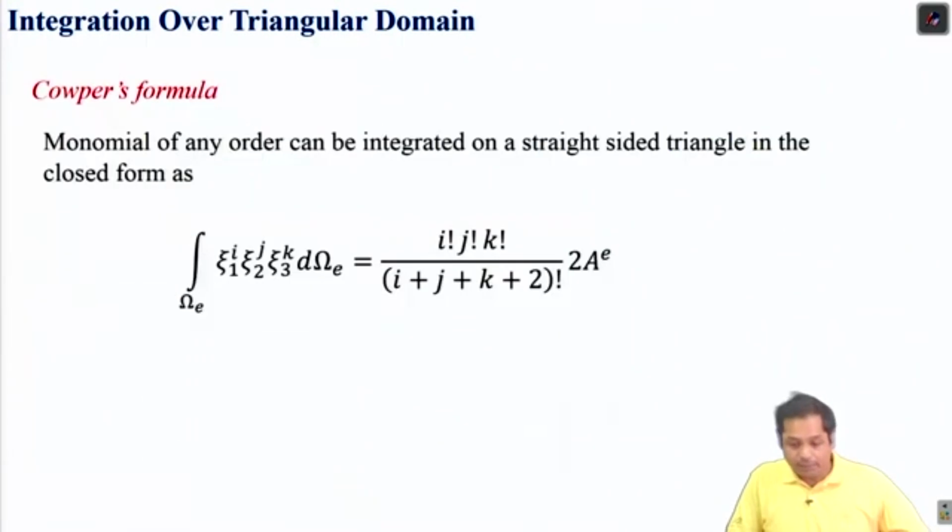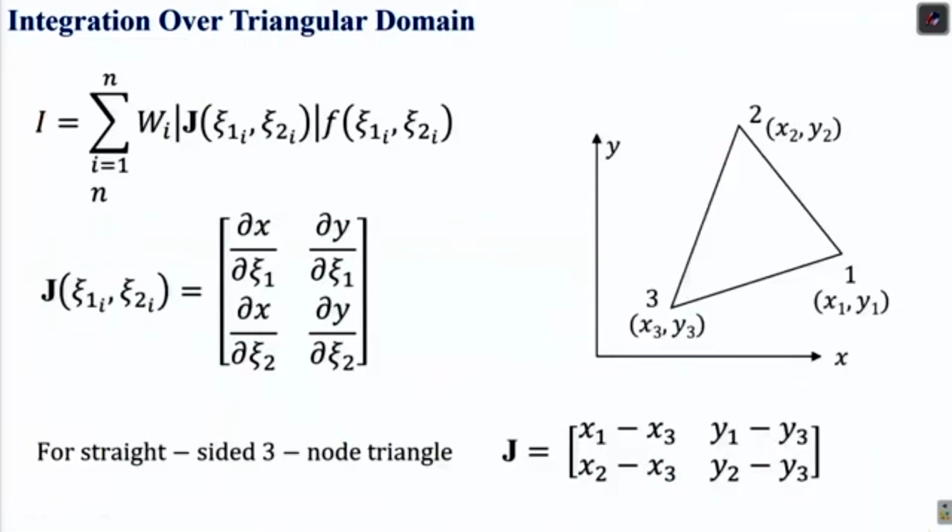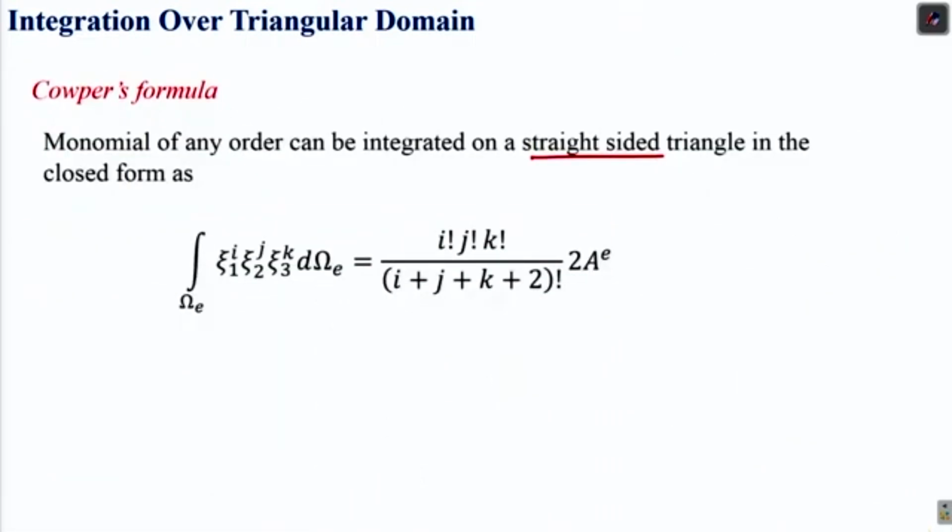Okay, just before we close today, this is particularly for a straight-sided triangular domain. For a straight-sided triangular domain like this or like this, any monomial can be integrated exactly like this.